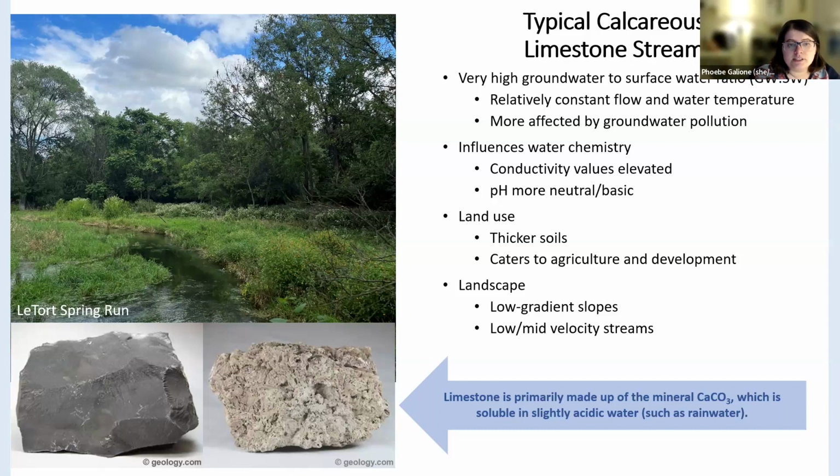And then, of course, land use comes into play. Our limestone landscapes tend to have thicker soils, and it'll cater more to agriculture and development. It's also areas where we'll have lower gradient streams, lower velocity streams, simply because of the way that the land is formed around it. So that's a couple fun things about limestone.